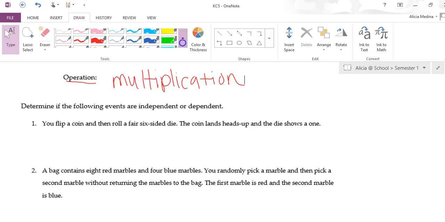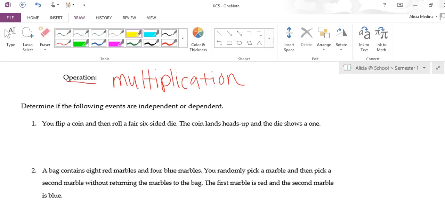So first one I saw was the word and means independent. They are independent of each other. So anytime you see and, it is independent. Right, two things happening at once, but whatever you flip the coin, it's not affecting what you roll on the dice, right? They're separate things happening.